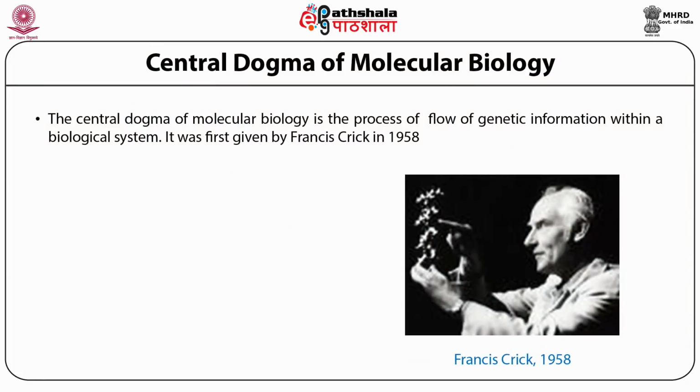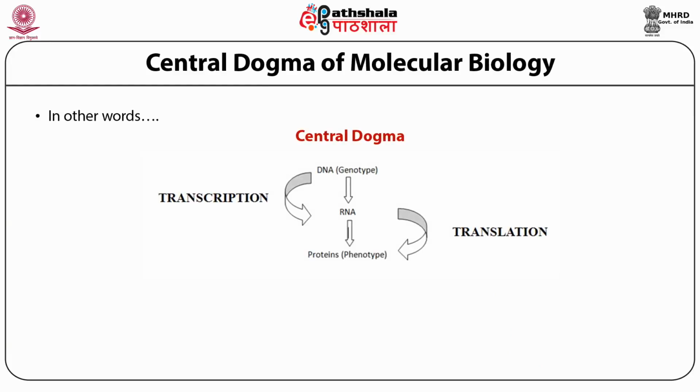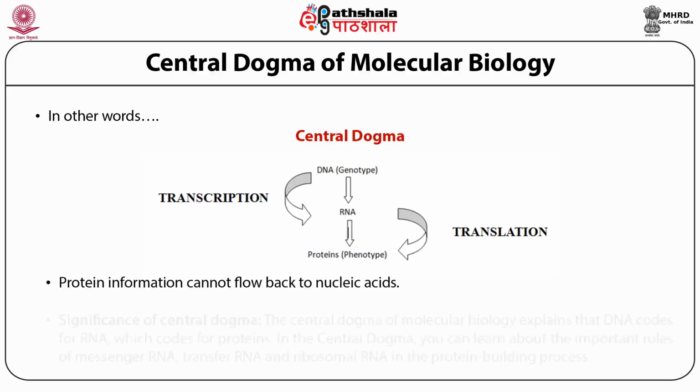Central dogma of molecular biology. The central dogma of molecular biology is the process of flow of genetic information within a biological system. It was first given by Francis Crick in 1958. In other words, in the central dogma, protein information cannot flow back to nucleic acids.